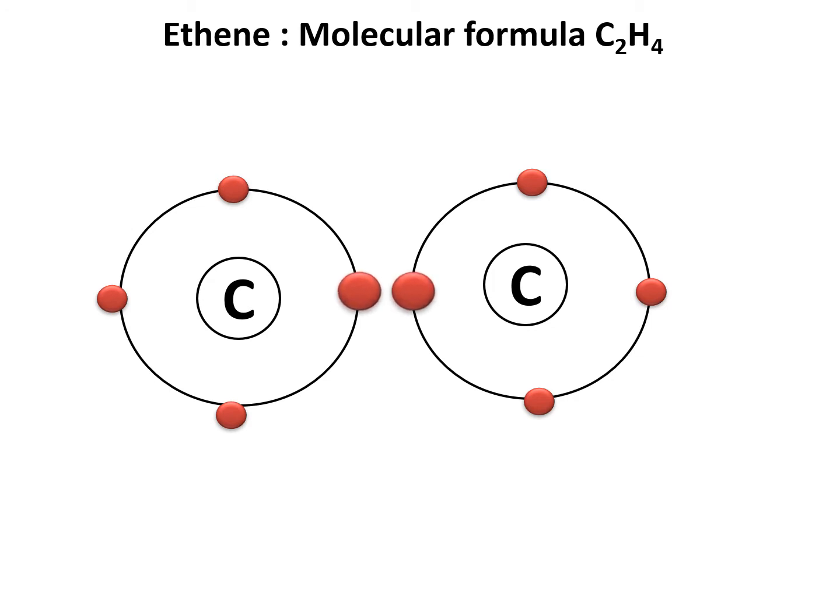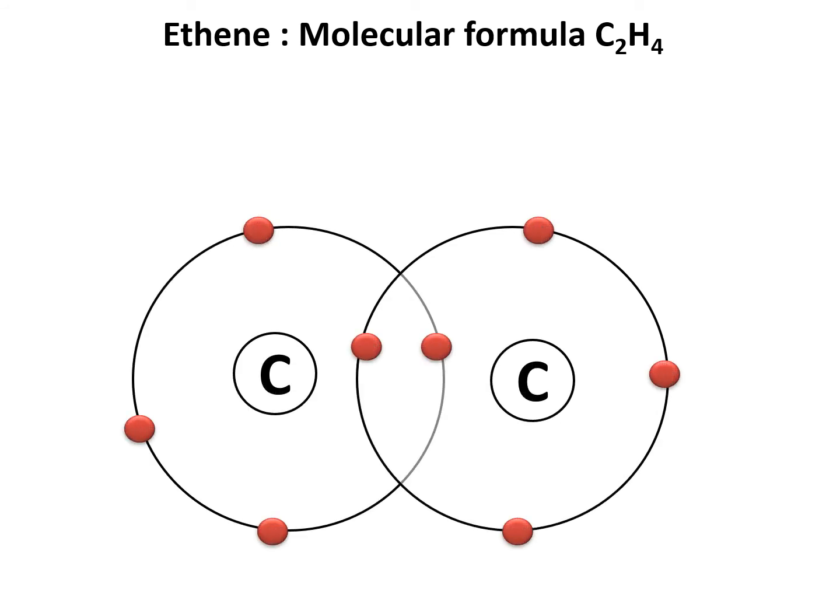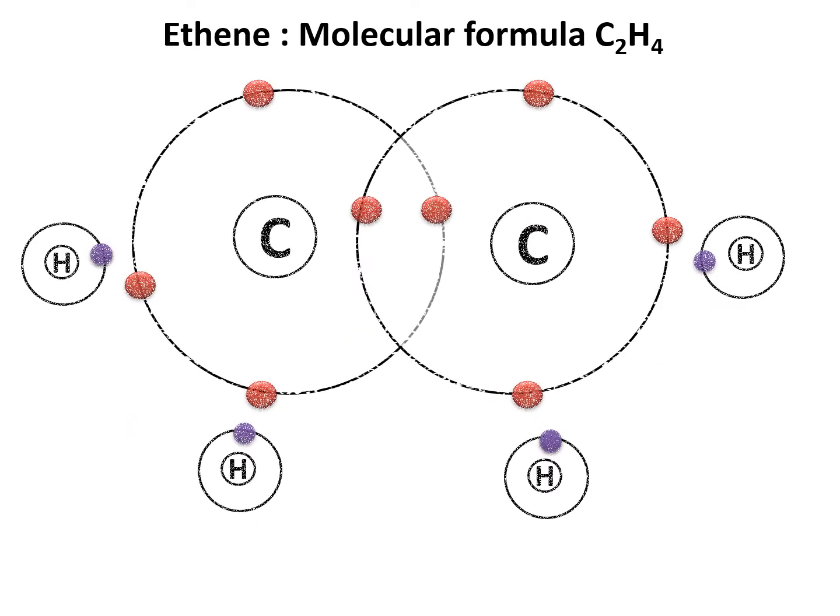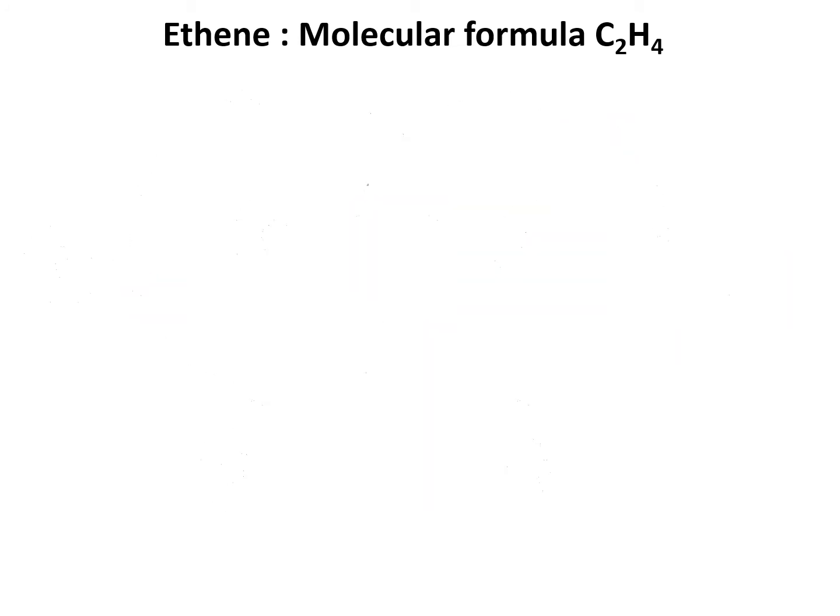The first step is a bond formation between the two carbons, a single bond. Next, H4 means two hydrogen on each carbon atom, so we have two hydrogen atoms bonding with two valence electrons of each carbon.